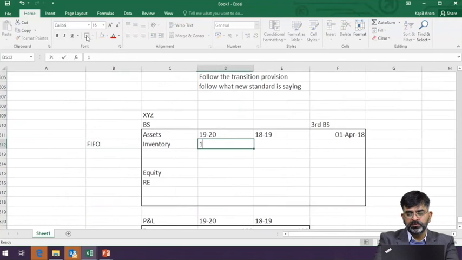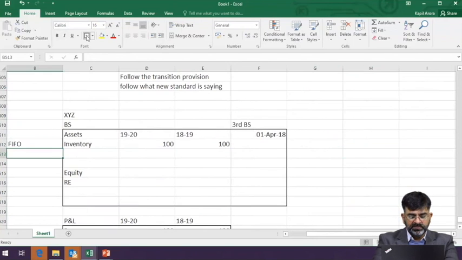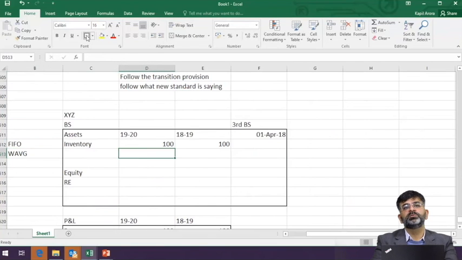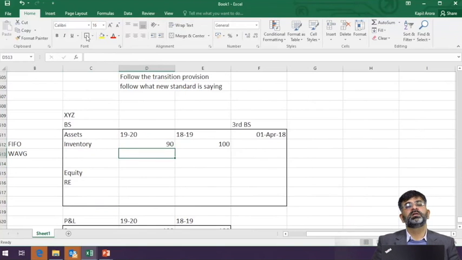Now let's assume we are following the FIFO method, and the inventory value this year and the previous year was 100. But this year the company has decided on a voluntary change to follow the weighted average method. When they applied it, they found the inventory value has come down to 90 this year from 100. Now let's assume you are looking at the financials for the first time.